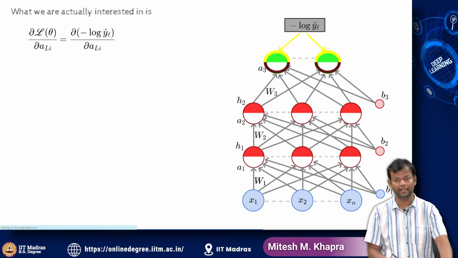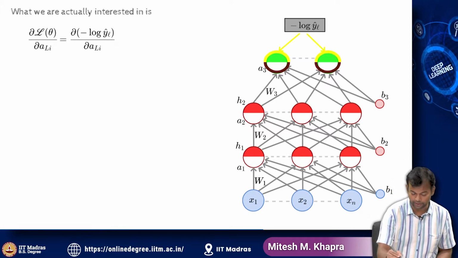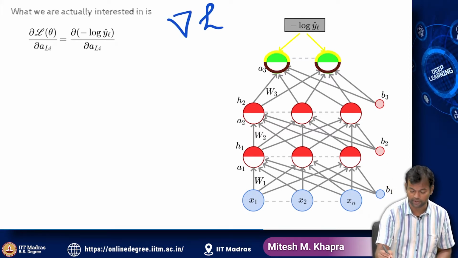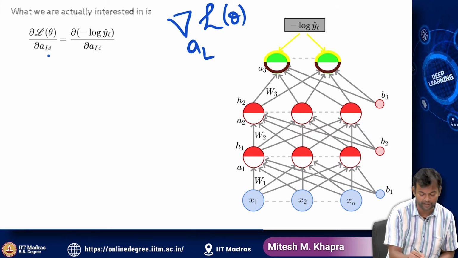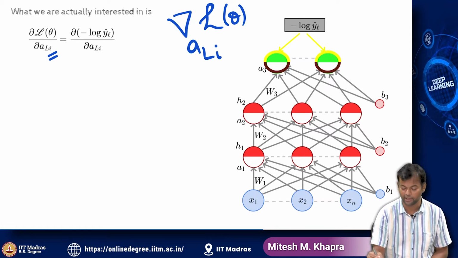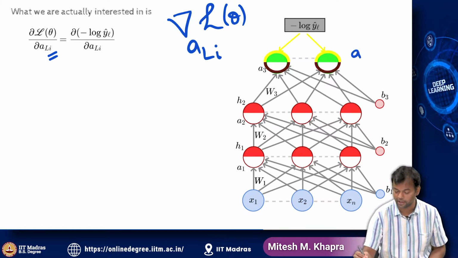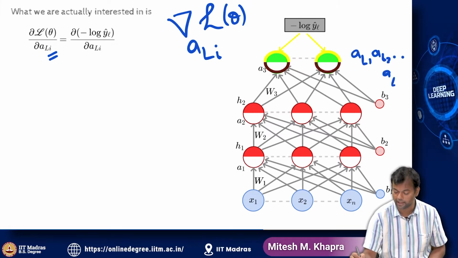So now with that, let me try to find the derivative of the loss function with respect to aL. What I am going to do is first find the derivative with respect to one of the elements, the ith element. Again, aL is actually aL1, aL2, all the way up to aLk, right.